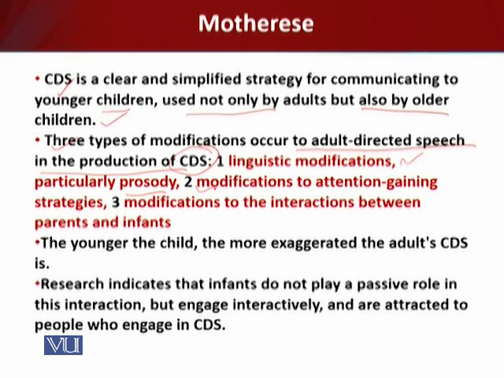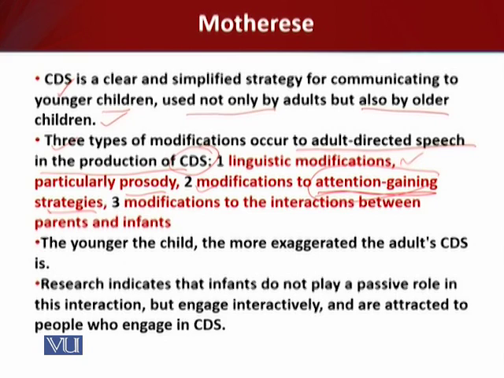Then we have modification of attention-gaining strategy, providing visual cues through body language, particularly movements of the face, to more effectively maintain the attention of the infants. Now, this is very important, that is how the attention-gaining strategies are used to attract a child's attention.